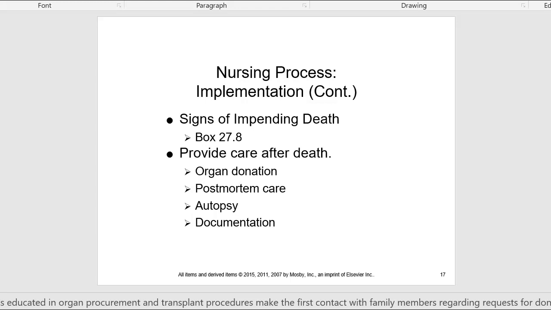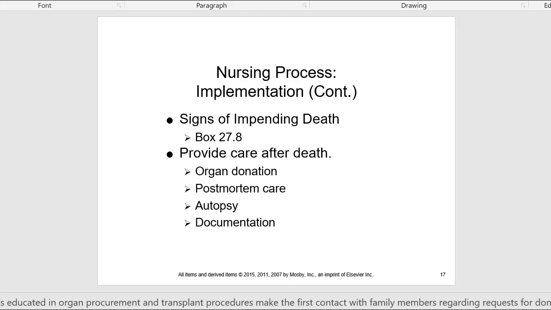There are some state laws that require healthcare agencies to have their policy and procedures to validate death, and in many cases, but not every case, that requires a physician. However, in hospice, that very often is the nurse.